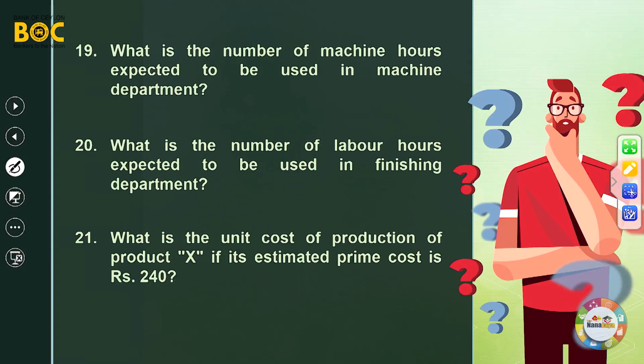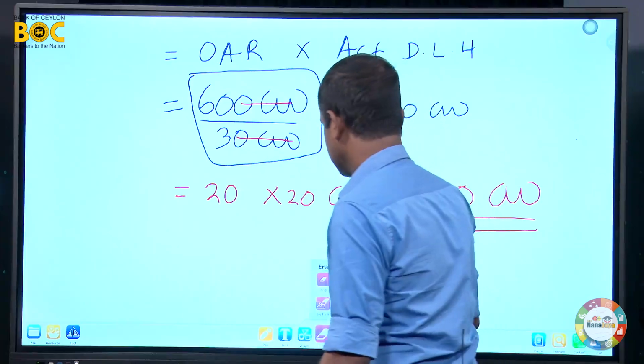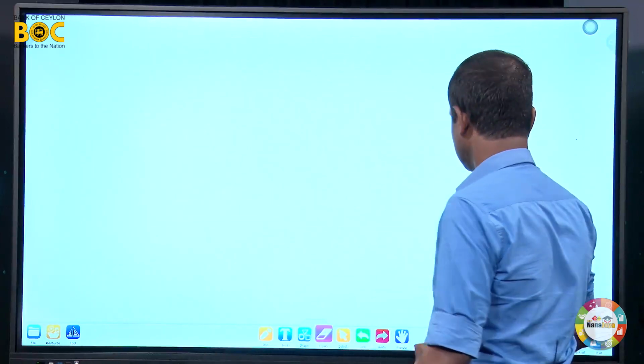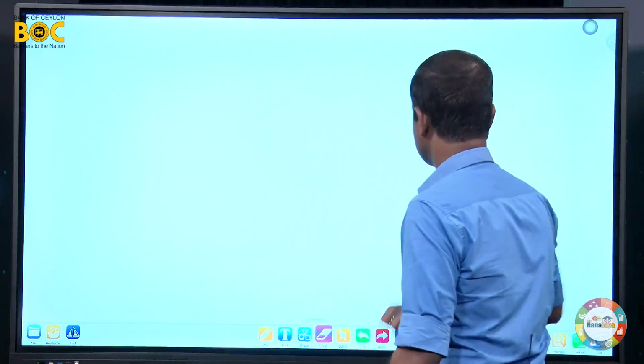So question number 19, what is the number of machine hours expected to be used in the machine department? Here they have calculated the absorption rate.